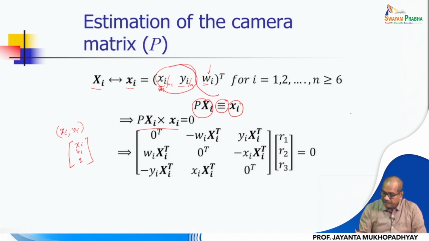Say we have taken Pxi. Now let us consider the representation of P in the form of its rows, all the row submatrices. The first row I will write as R1 transpose, because I always represent vectors as columns, so when they are arranged as a row, I have to use this transposition.